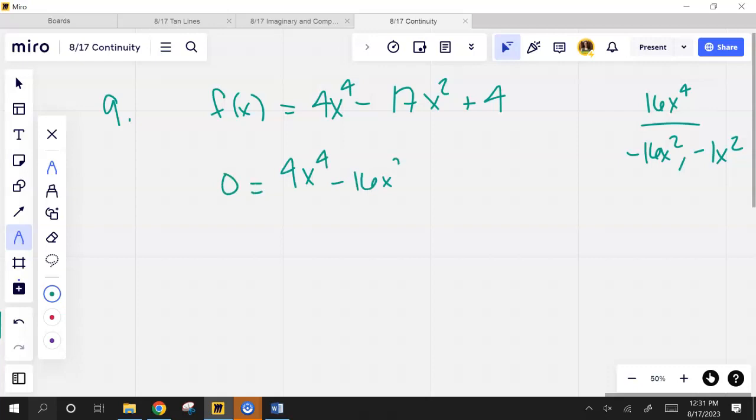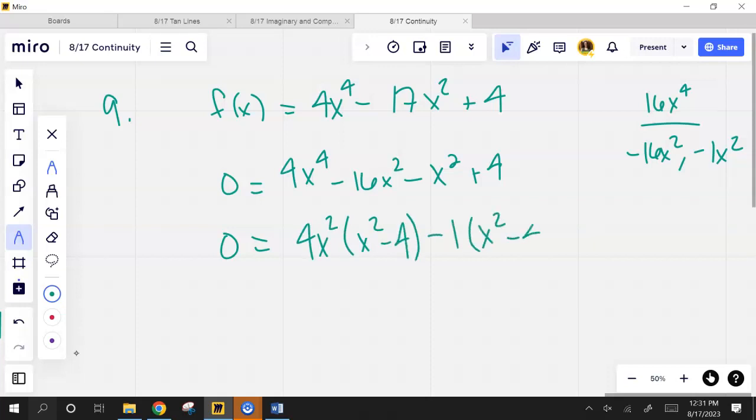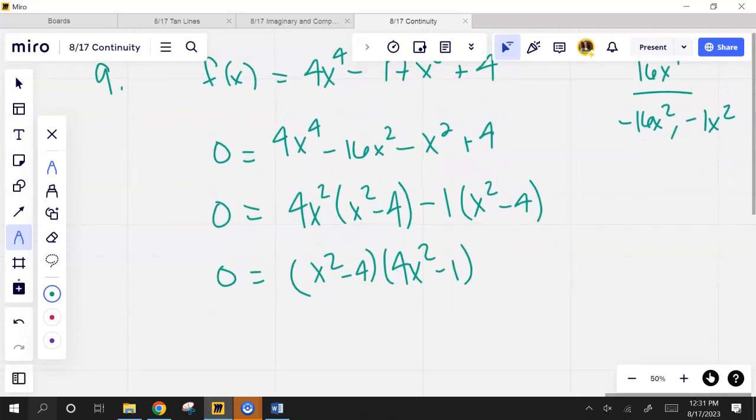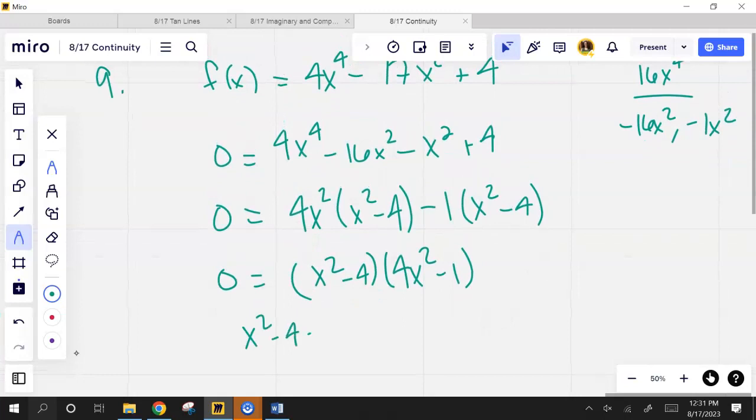Minus 16x squared minus x squared. I feel like we did this one, did we not? Take out a 4x squared, leaves me with x squared minus 4. Take out a 1, it leaves me with x squared minus 4. I have x squared minus 4, 4x squared minus 1, and now everybody goes to 0. X squared minus 4 equals 0, so x is plus or minus 2.